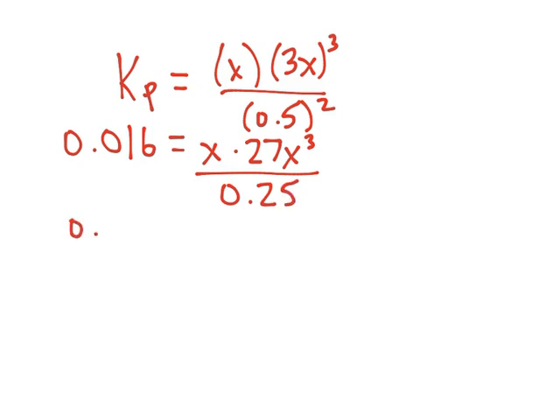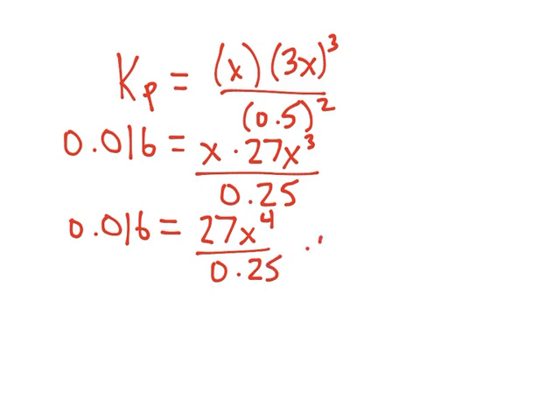So we can clean this up a step further now. x times 27x cubed is 27x to the 4th, divided by 0.25. Multiply both sides by the 0.25. The left side comes out to be 0.004 equals 27x to the 4th.